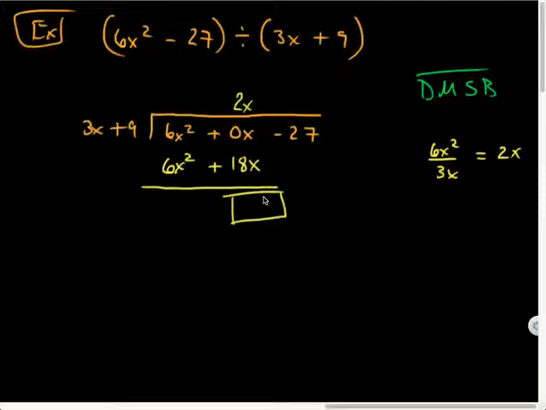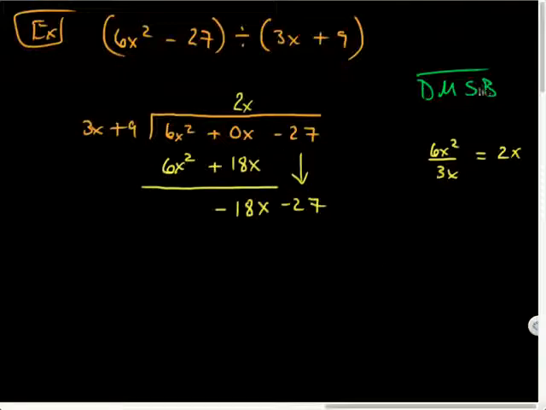And I'll have possible answers such as 18x. I might have negative 18x. I might have like 18x squared. And I'd probably come up with some other goofy one. But the point is, this is the subtract step, remember? So I'm technically subtracting this entire thing. So 0 minus 18 is going to be negative 18x. And then I can bring down the negative 27. So be careful on that subtract step. It'll get you. It's a sneaky one.